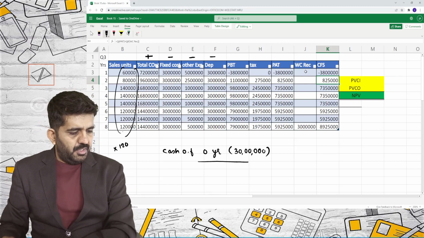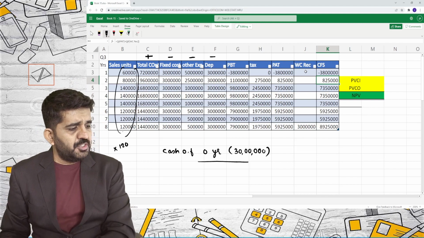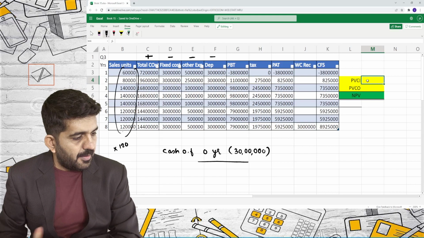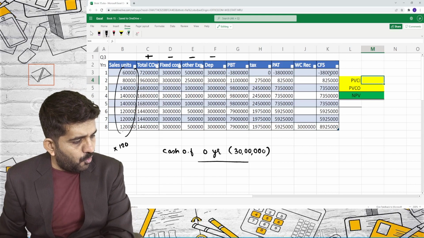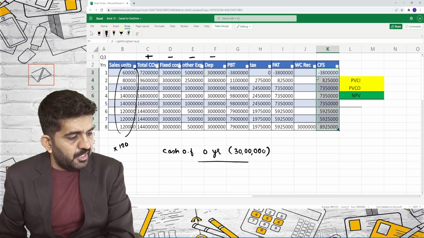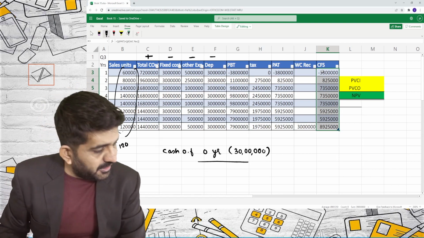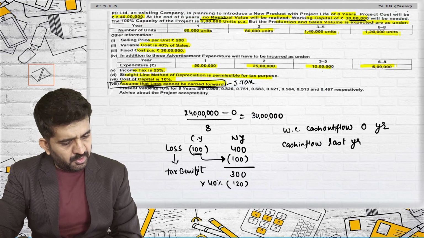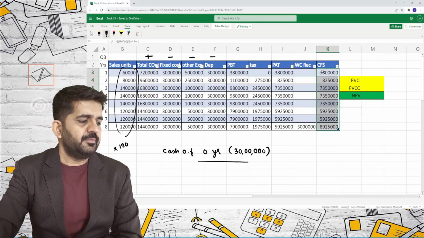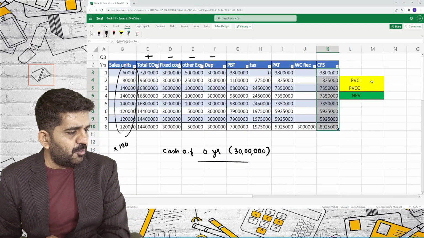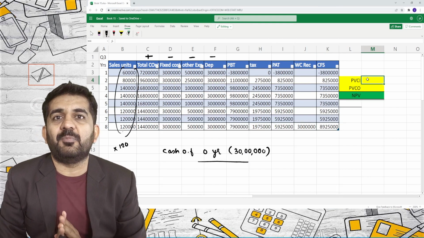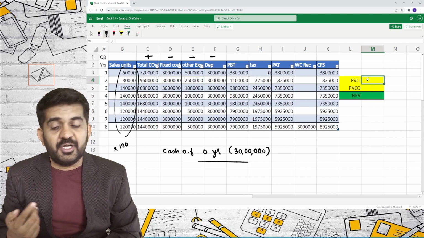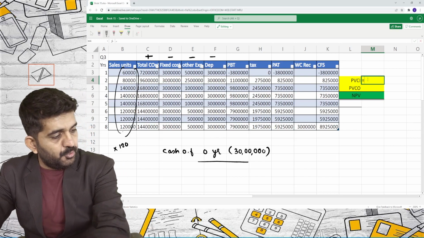All right. Now, what is the present value of cash inflow? It is the present value of all this cash flow, including this negative 38 lakhs, at what rate? The cost of capital is 10%. So I'm just finding the present value. You need to find the present value of all 8 years in your calculator. Once I have MS Excel, I can do it easily.